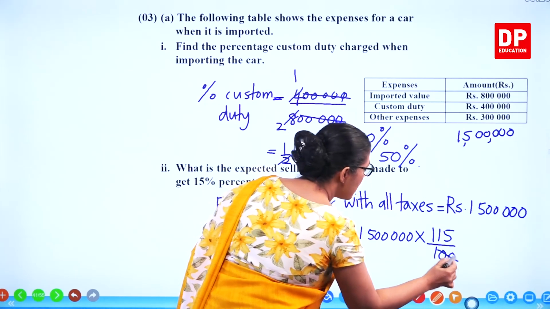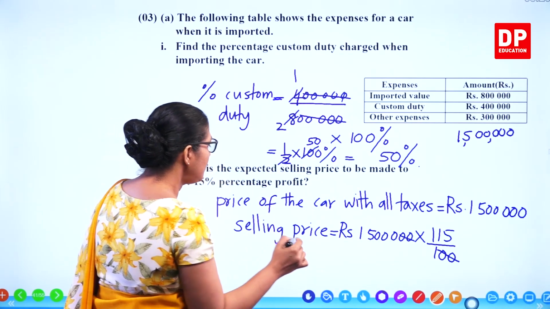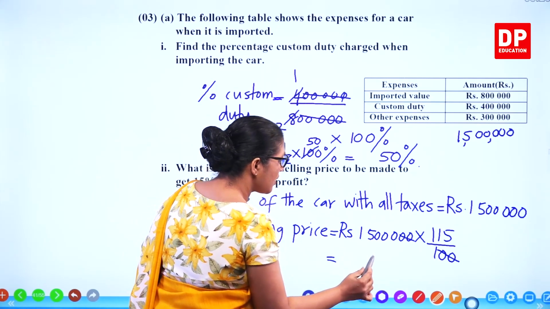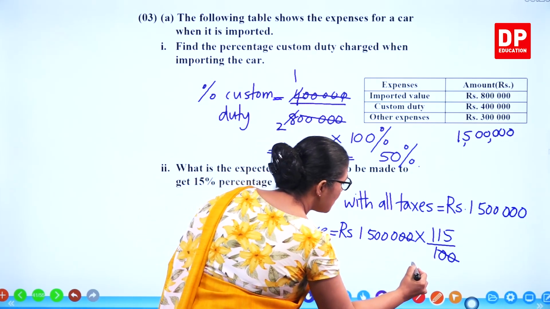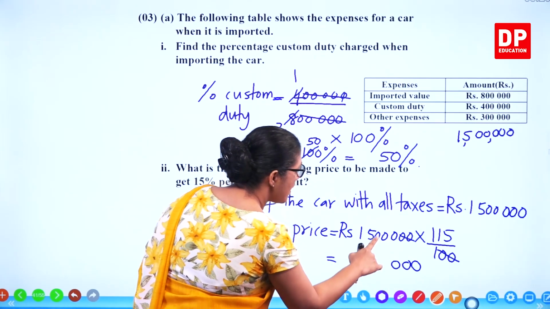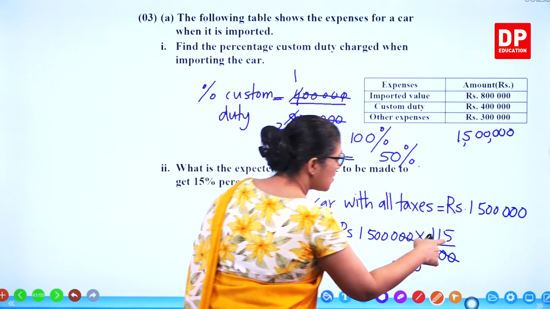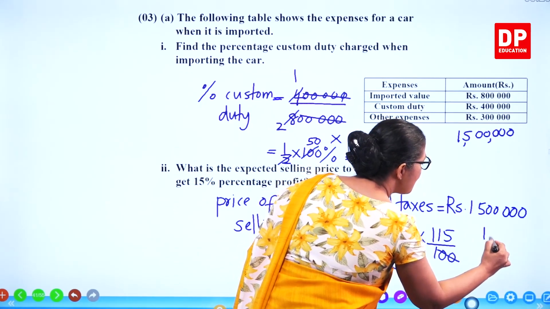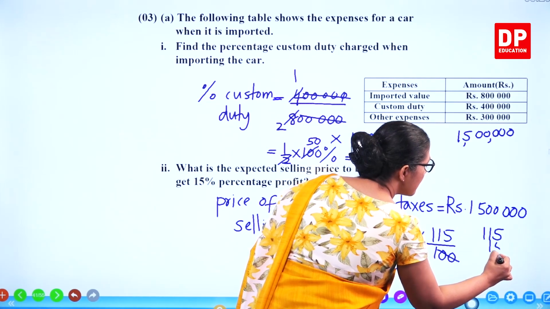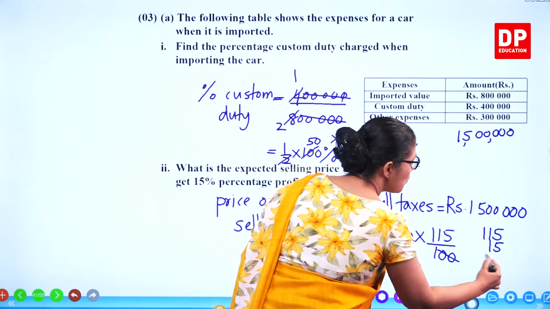Now here 2 zeros get cancelled out. Shall we multiply at once? 3 zeros are there. 15 times 115 you have to do.